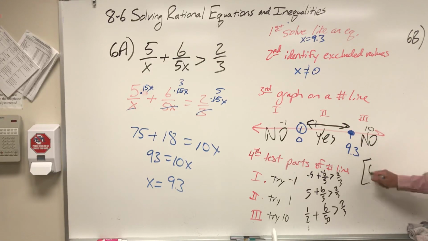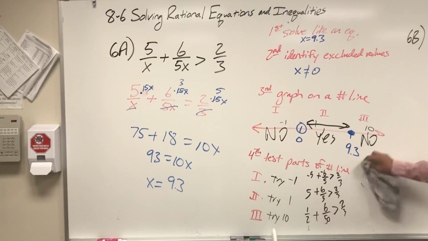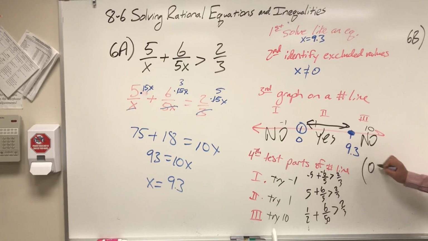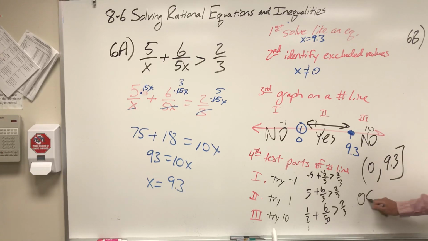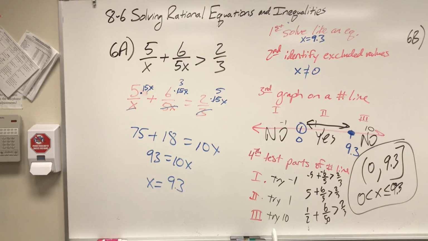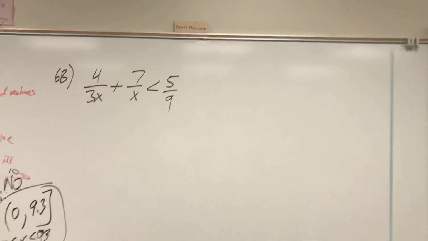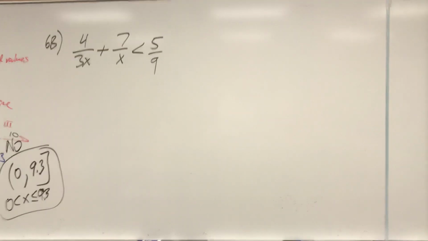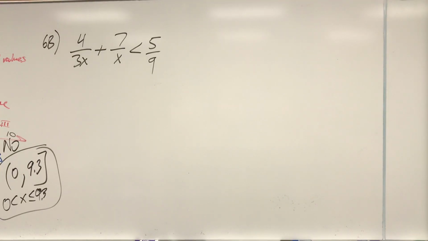So everything from 0, not including 0, all the way up to 9.3, including 9.3, or 0 is less than x is less than or equal to 9.3. There's my solution. You just have to find the different marks on the number line and test in between them. Go ahead and try this one if you'd like, and then I'm going to do it. You can pause the video right now and see if you get it right, but I'm going to go through it so you can look at what you did right or wrong.